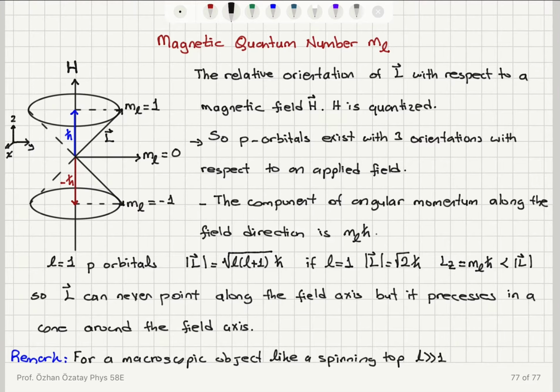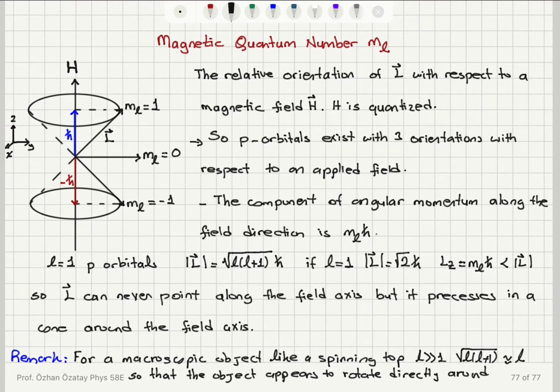L is much, much greater than 1, so the square root of L times L plus 1 is approximately equal to L. And so we will see that the object appears to rotate directly around the z-axis, so that the angular momentum vector is on the z-axis.